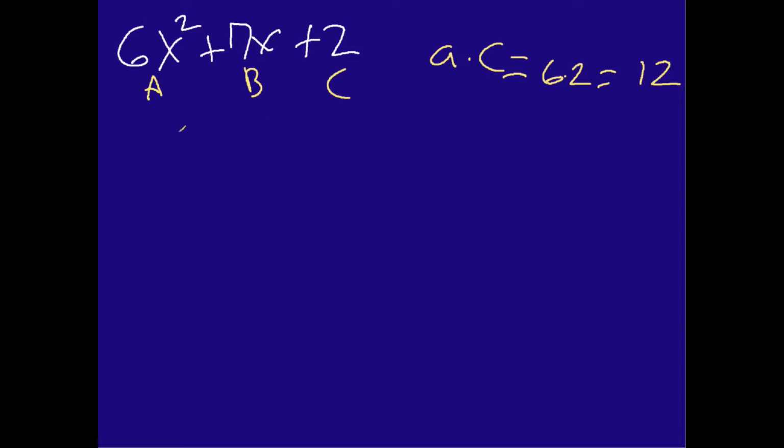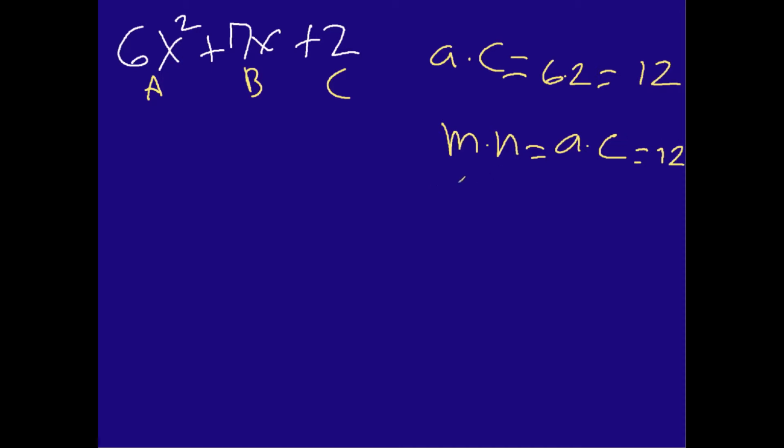Now, if we factor the 12, this is the criteria we have to set to get the answer. When we factor 12, so m times n, it needs to equal A times C, which in this case is 12.